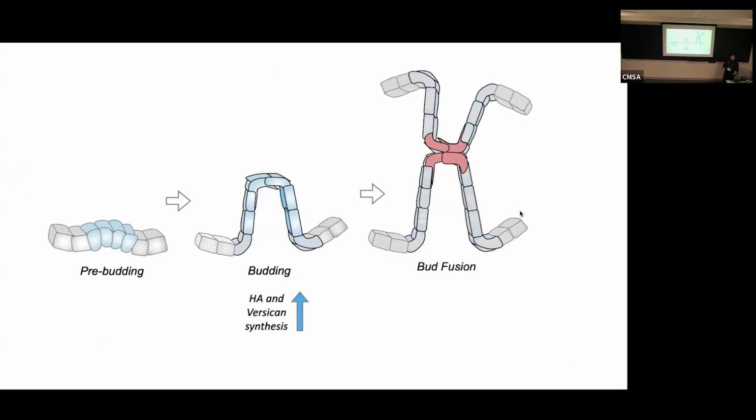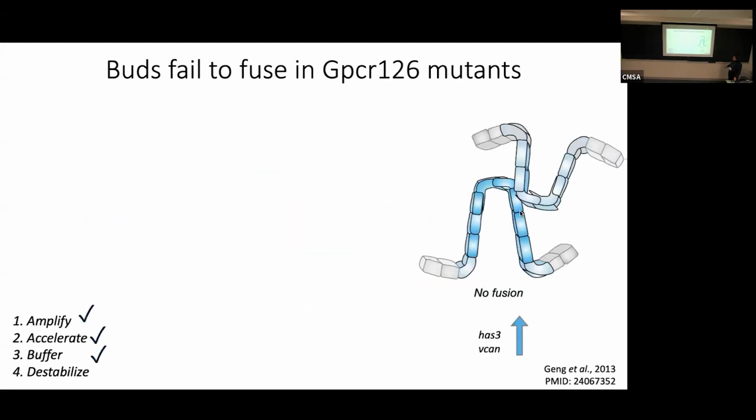So how is this being shut down? We had hints from the literature that the process is shut down when the buds meet each other. So it's very critical that they find each other. This meeting activates a GPCR that then shuts down hyaluronic acid synthesis through cyclic AMP signaling. And this was a really good test of the positive feedback model.